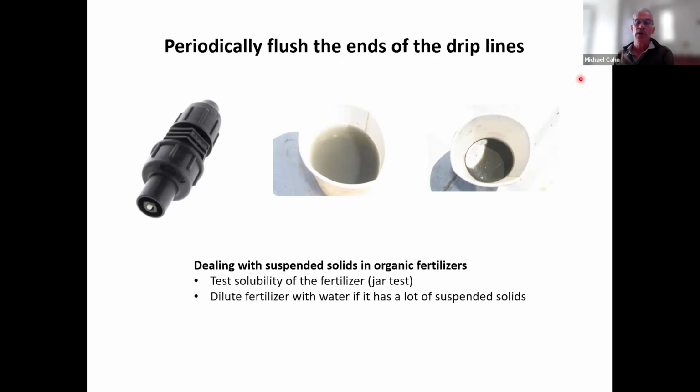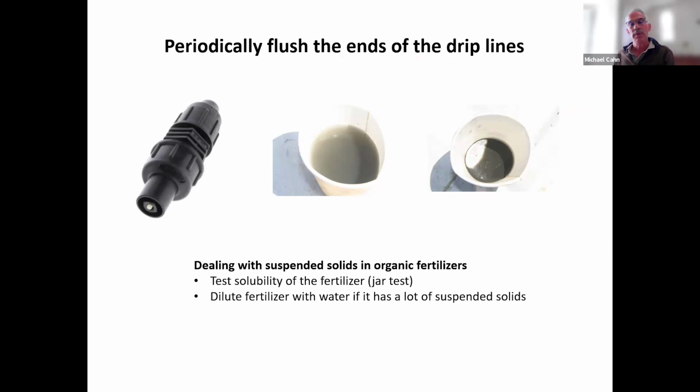But also, you could choose fertilizers that have less solids in them. So you could sort of test that by just putting that fertilizer in a jar and mixing it with some water and seeing how many solids come out. Some growers dilute the fertilizer with water, and so that way they're not putting so many solids in right away. And certainly you have some more ability to filter them out.